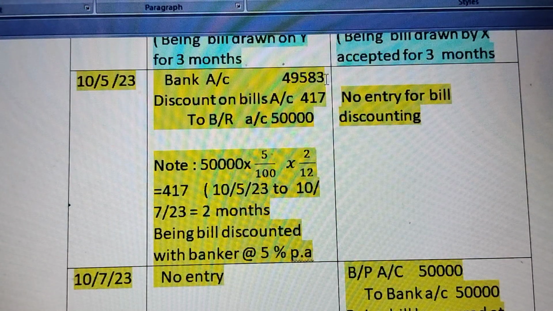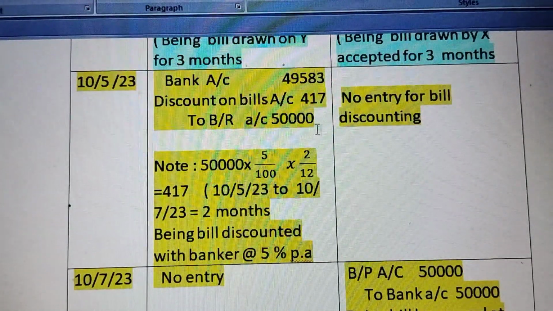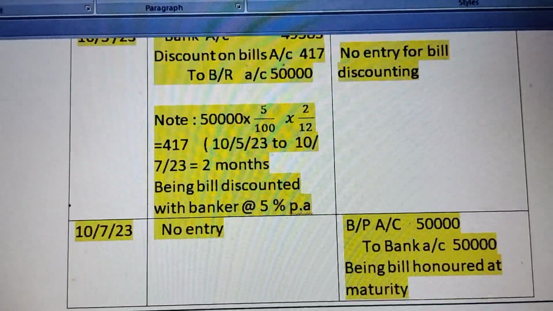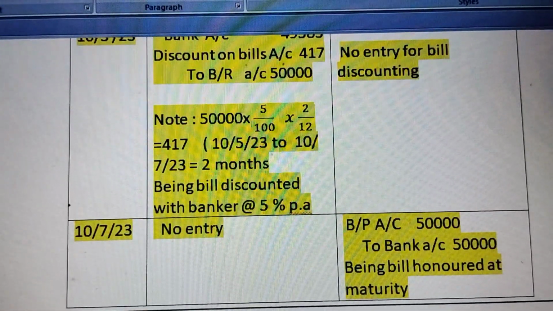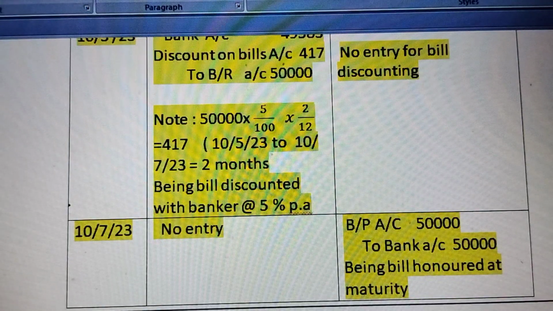When the bill is discounted, the transaction takes place between the drawer and the bank. The drawee is not involved. Therefore, the drawee will not pass any entry for bill discounting. The entry for bill discounted will be passed only in the books of the drawer. On the due date, that is on 10/7/2023, as the bill has already been discounted, the drawee, that is Mr. Y, will pay the amount directly to the bank, not to Mr. X. So when the discounted bill is honored, the drawer will not pass any entry.